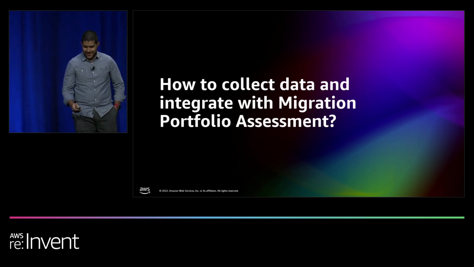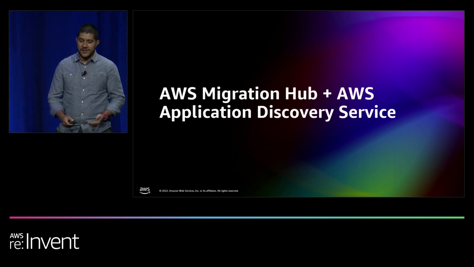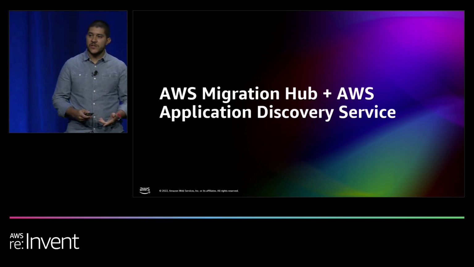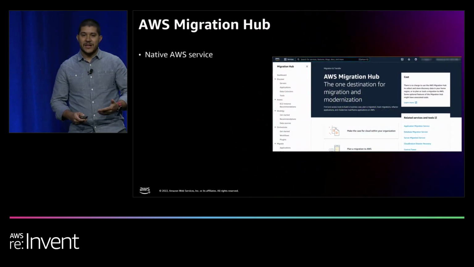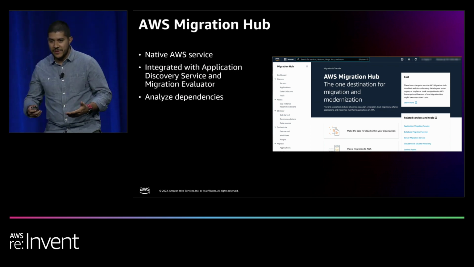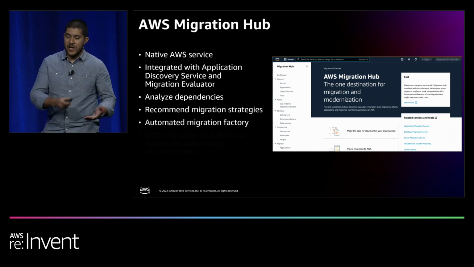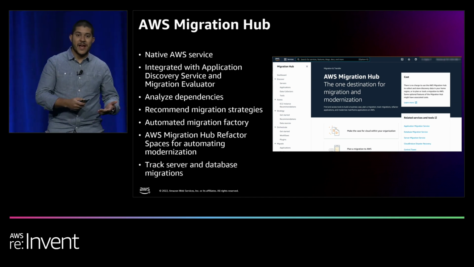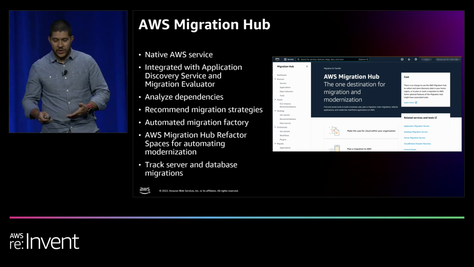Yeah, thank you, Erico. And let's start with the AWS native services, such as AWS Migration Hub and Application Discovery Service. Migration Hub, it's our native service. It's actually a one-stop shop for migration services at AWS, where you can find discovery tools such as the Application Discovery Service itself, and then you can have access to data collected with Migration Evaluator.